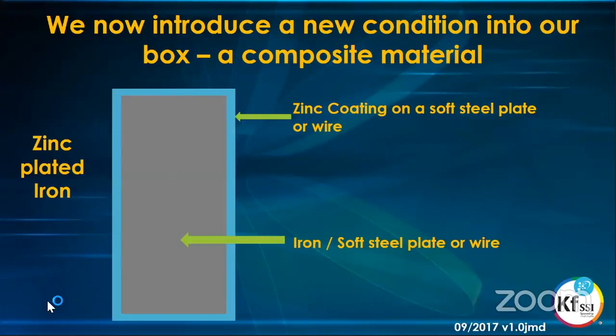It's a composite material. With zinc plated iron or chicken wire, essentially we have zinc coating on the outside of some steel, and on the inside you've got your iron plate. So you have the composition of two metals, with your zinc coating on the outside and your iron on the inside.